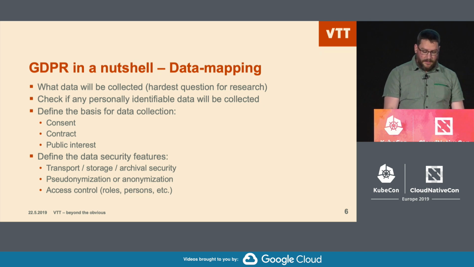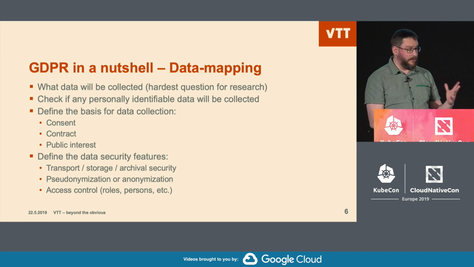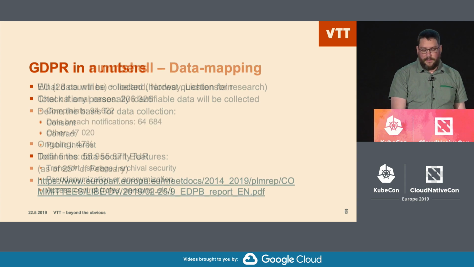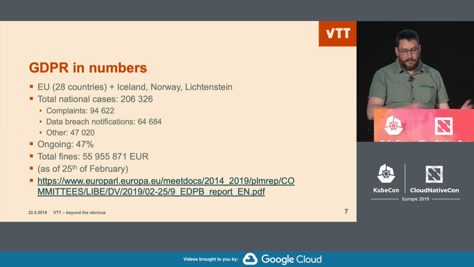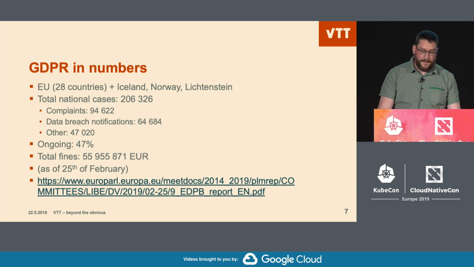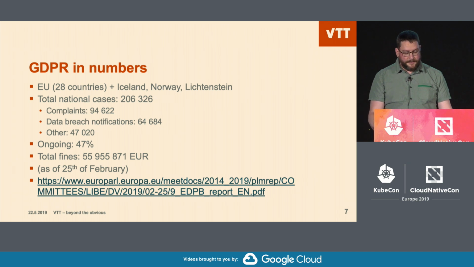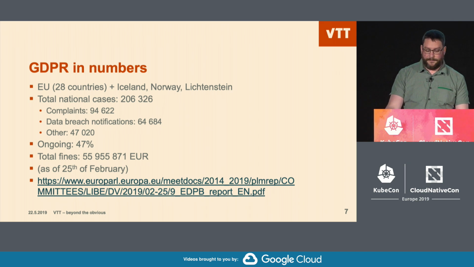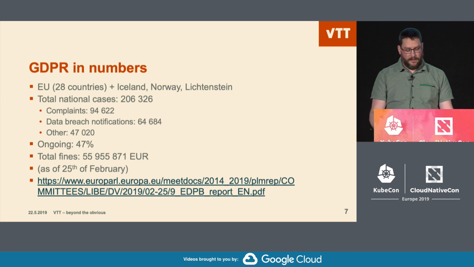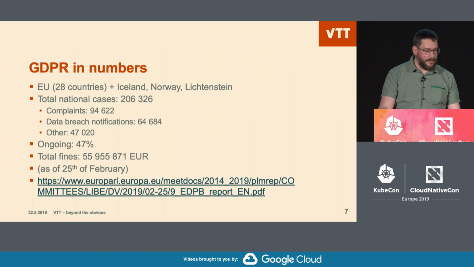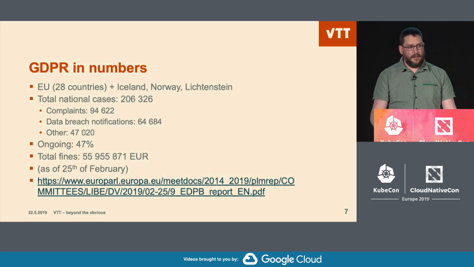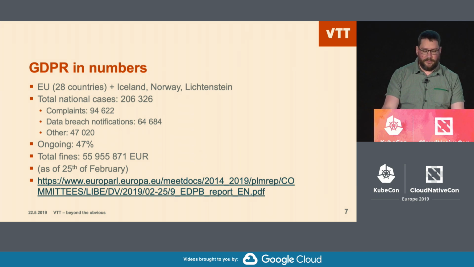So as I said, GDPR is about a year old right now. So how does it look in numbers so far? GDPR is enforced in the 28 EU countries, plus Iceland, Norway, and Liechtenstein. So far, there are 266,000 cases that were reported to the national data protection offices.